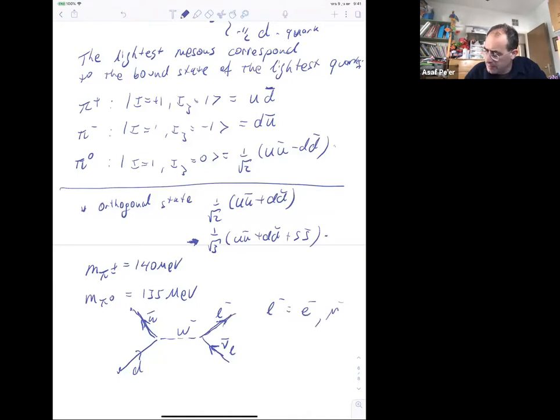But the pion is lighter, so this is of course the pion. Right, so this is a decay channel of the pion into electron and anti-electron neutrino or muon and anti-muon neutrino.